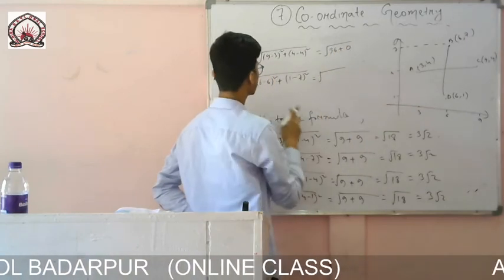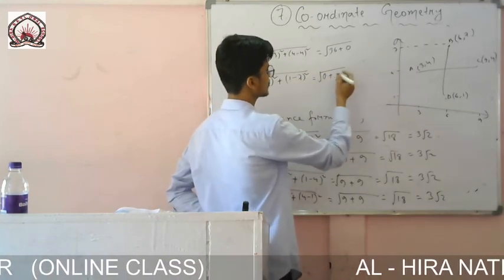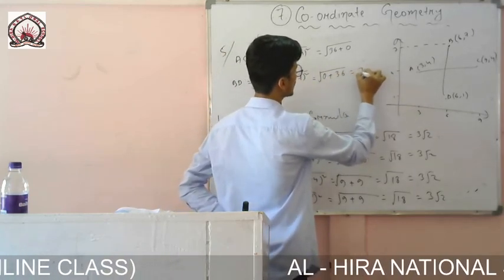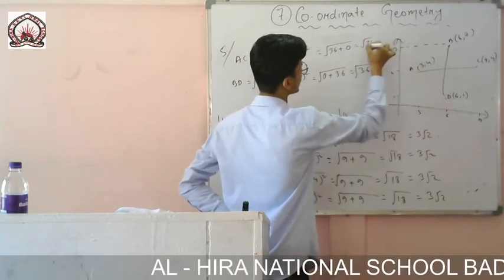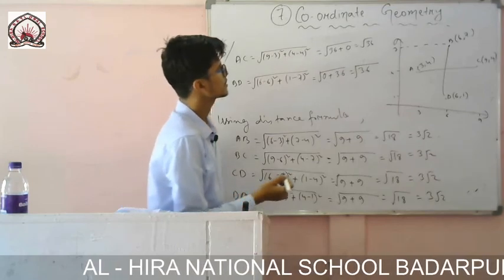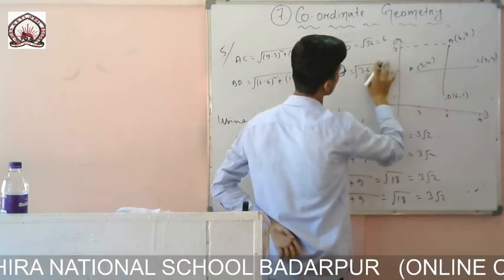There also 6 minus 6 is 0. 1 minus 7 is minus 6, so minus 6 square is again 36. So they are also root 36, and root 36 means 6. It will be 6 for both.